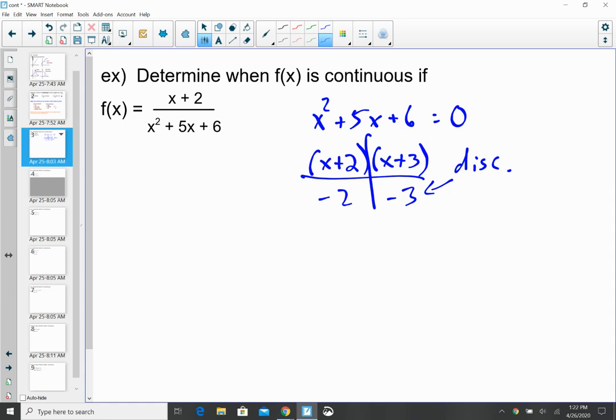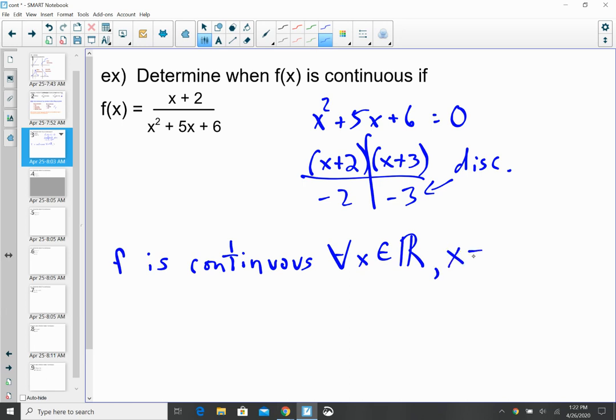So how do we mathematically say this? We could say something like this. f is continuous for all values of x that are real numbers, that's our domain, except x cannot be equal to -3 and -2.